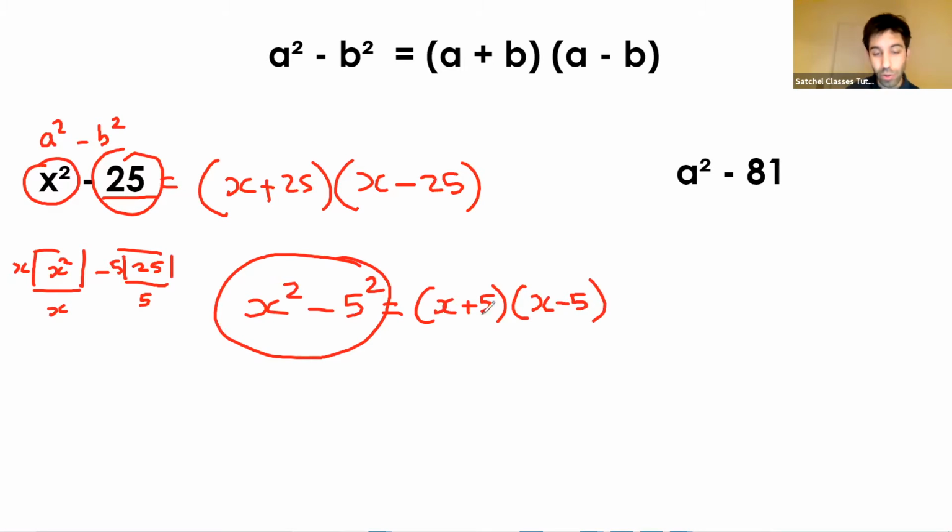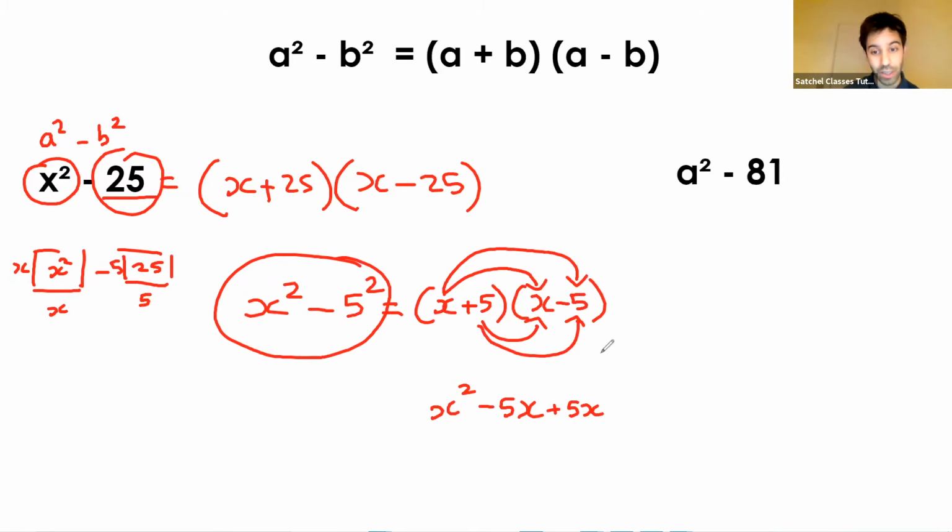And I'm just going to expand just to double check I've done this right. So x times x is going to be x squared. X times minus 5 is going to be minus 5x. And then I will have 5 times x is going to be positive 5x. And 5 times minus 5 is going to be minus 25. So minus 5x plus 5x, well, these two cancel out.